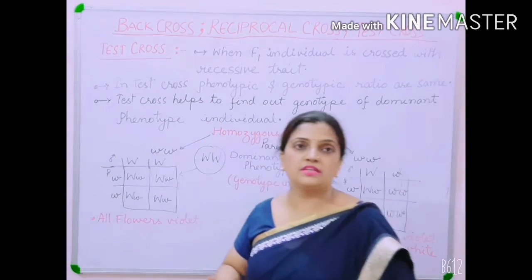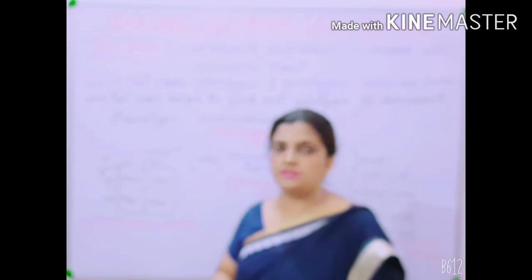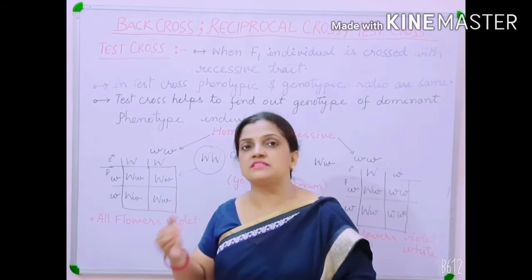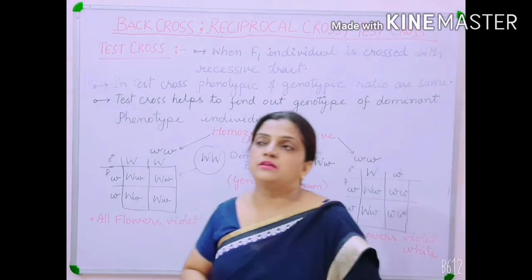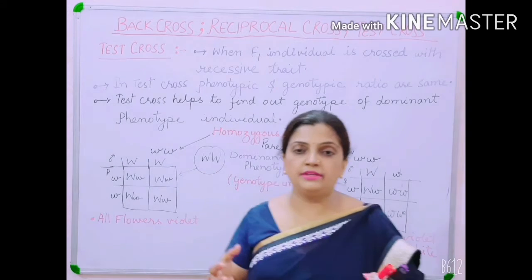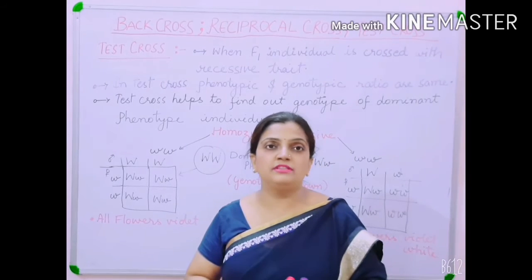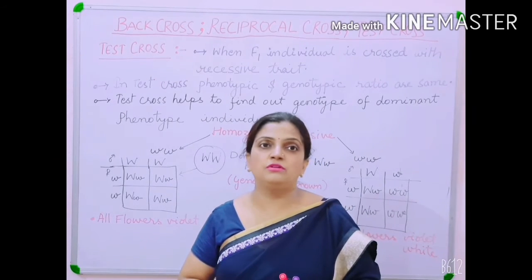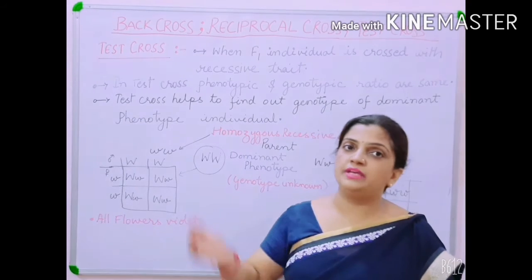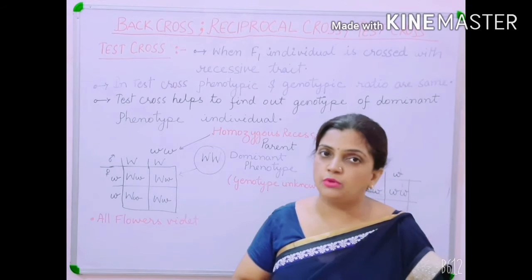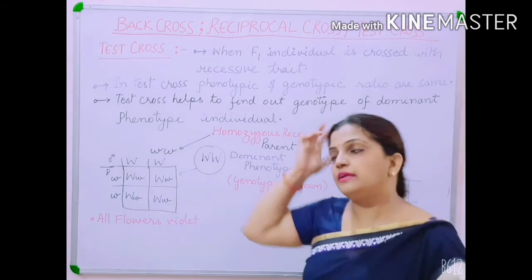I told you what a test cross is. A test cross is a type of cross in which the F1 progeny is crossed with the recessive parent. There I crossed the plant having the trait height. That means in the F1 generation, the progeny obtained was heterozygous tall, and that heterozygous tall was crossed with the recessive dwarf plant. So that was your test cross in that case.